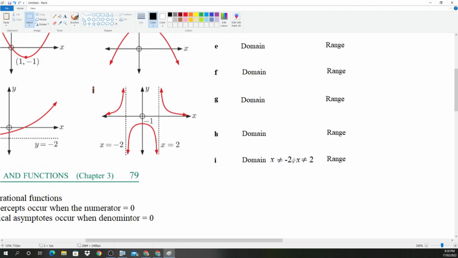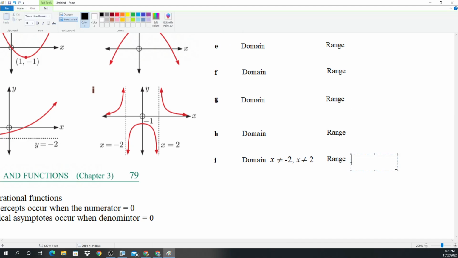So there, x cannot be -2, x cannot be 2. All right, the range is a little bit different. The range is y is less than or equal to -1 and y is greater than 0.